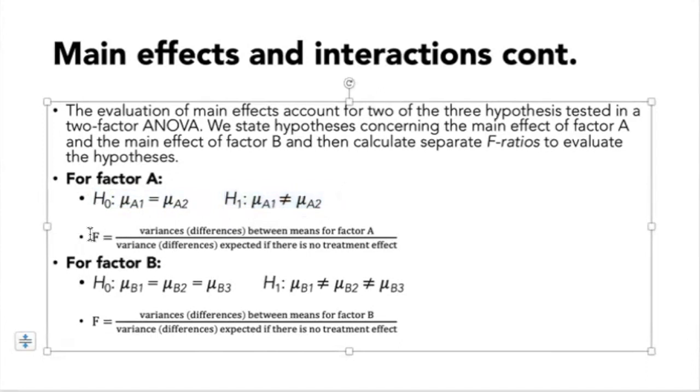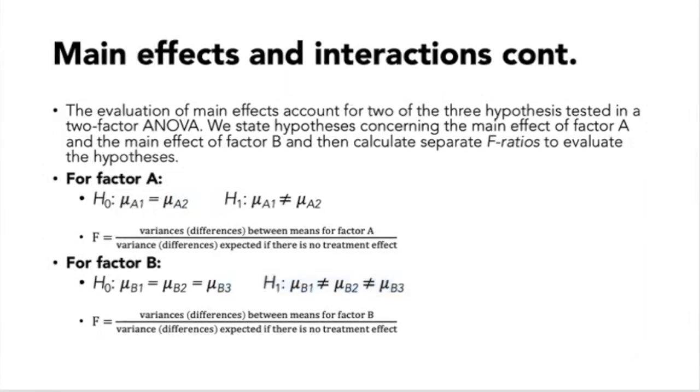Very similar to this, our F ratio formula is going to be the same as we discussed earlier for factor A, and the formula is going to be the same for factor B as well. But if you notice in the hypothesis, unlike the two groups in the first hypothesis for factor A, here we actually have three groups, because we have three temperature conditions.